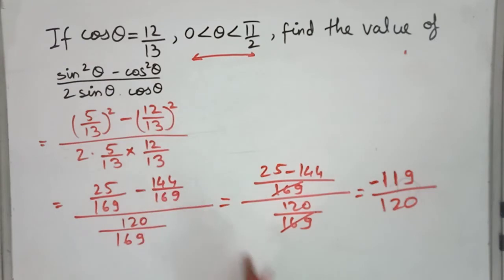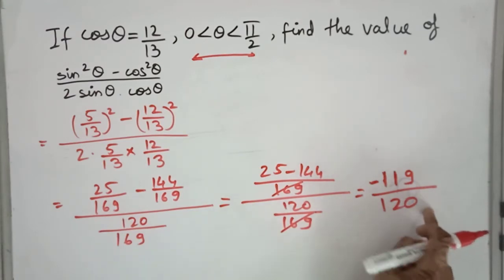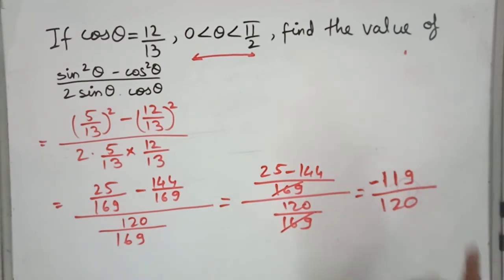So the value of sin square theta minus cos square theta upon 2 sin theta cos theta will be minus 119 upon 120.